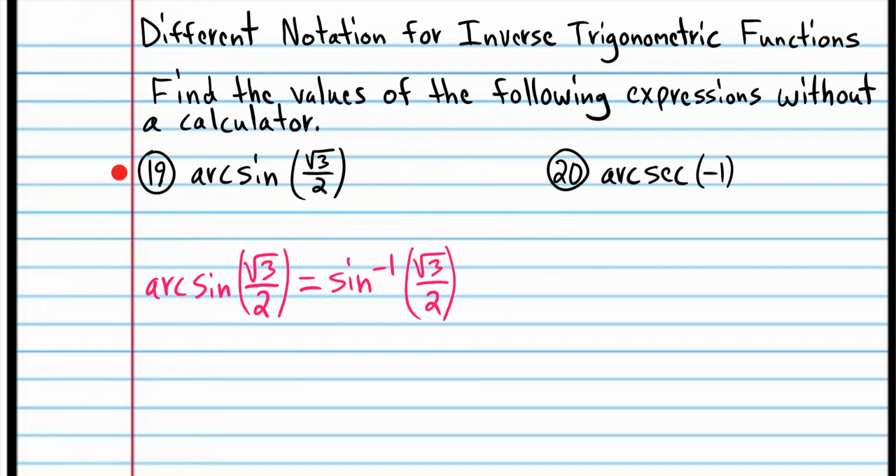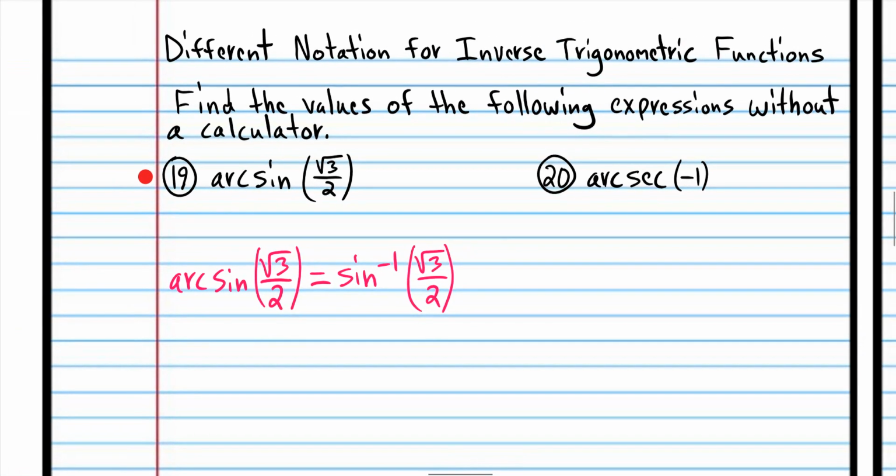Now notice that this is a sine inverse function. So what that means is we can just use the calculator immediately, because our calculators do have sine inverse buttons on them. So we don't have to do all that stuff where we convert to a different trigonometric function as we did in the previous problems.